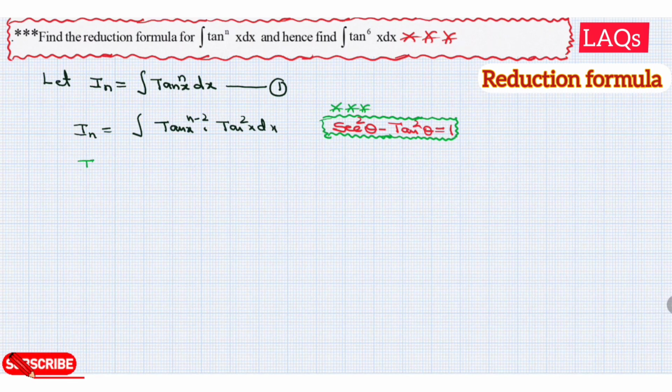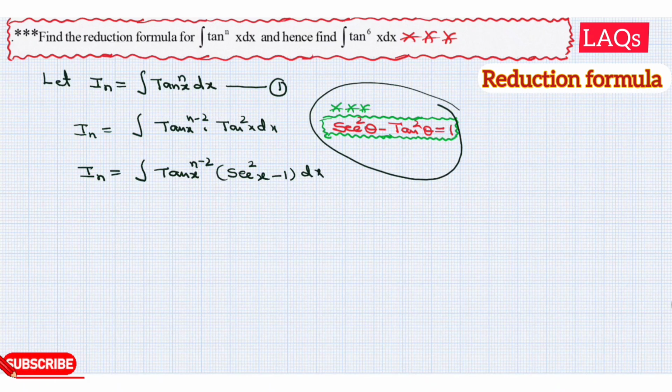Now I_n equals integration tan x power n minus 2, here tan square x is equal to secant square x minus 1 dx. Okay, using the formula secant square theta minus tan square theta equal to 1, we get tan square theta equal to secant square theta minus 1.